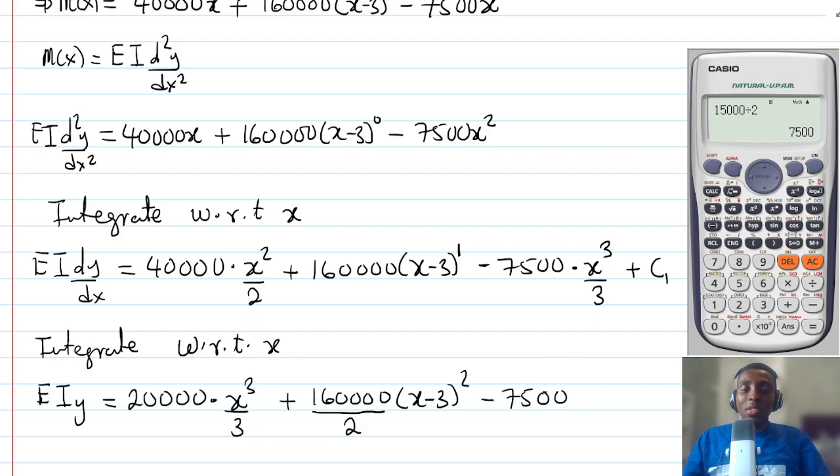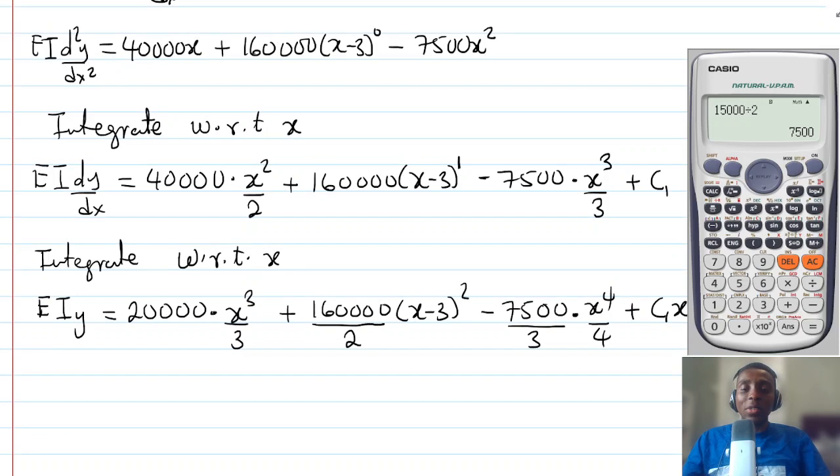I know this is divisible, but let's just maintain it like that. And then let's integrate x cubed, so it's going to be x to the power 4 divided by 4. All the time, keep the variables and the constants separate. Don't do it together. It will confuse you. Plus c1 times x, which is like integrating a constant with respect to x. Then another constant c2, because you have done the integration again.